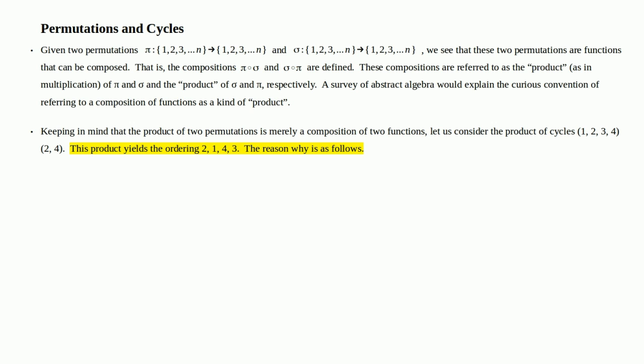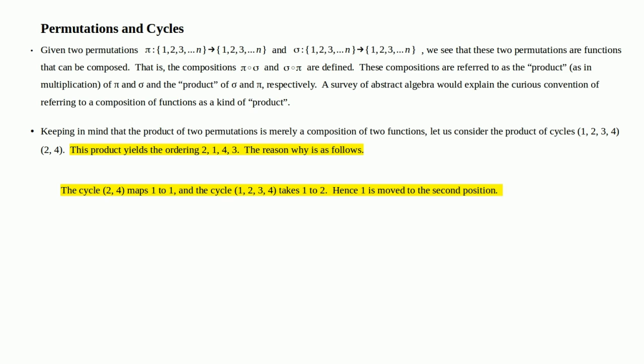And also, remember from compositions of functions that it's the inside function, or the function that's on the right. You plug a number into that, you get an output number from it, and that output goes into the outside function, which is on the left. So that's how this works too. So the reason why is as follows. The cycle (2, 4) maps 1 to 1, because 1 doesn't appear in the cycle, and we're assuming that the cycle's on the set 1 through 4, let's say.